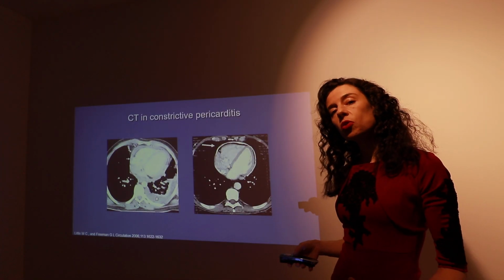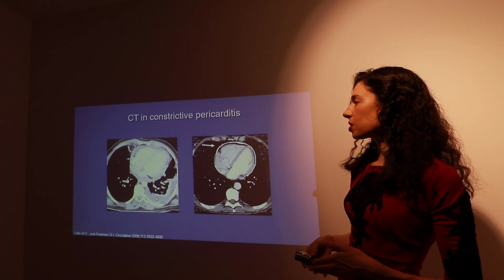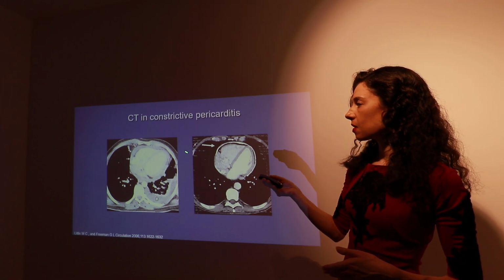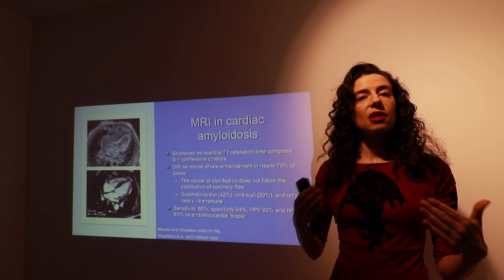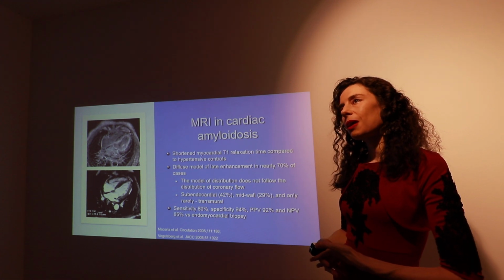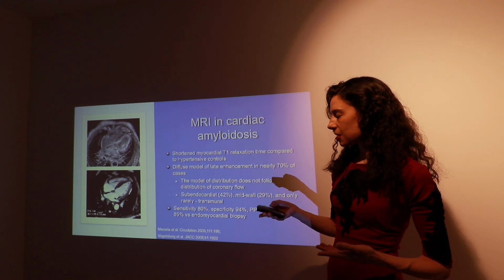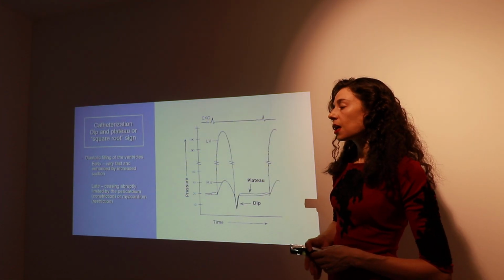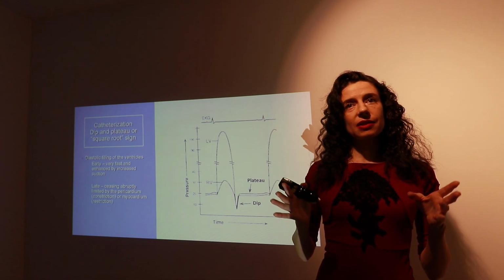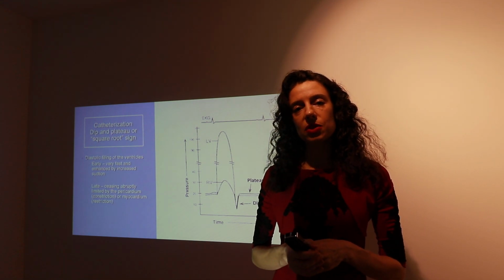CT could be even more useful in demonstrating pericardial calcification and the thickening of the pericardium, while MRI could be very useful in differentiating different types of restrictive cardiomyopathies, such as in this example, a patient with cardiac amyloidosis. If we still don't have a definite diagnosis by the imaging methods, we could come to catheterization.